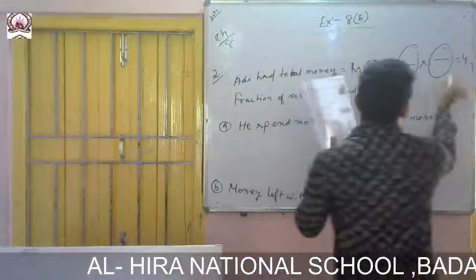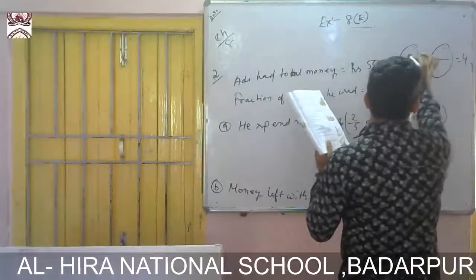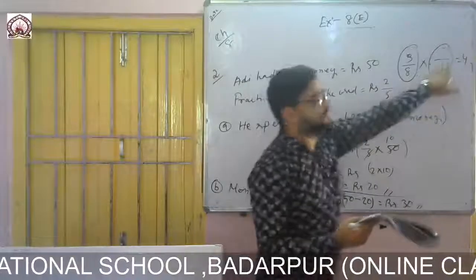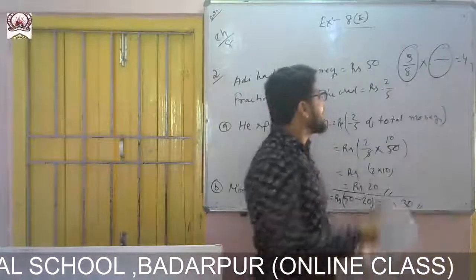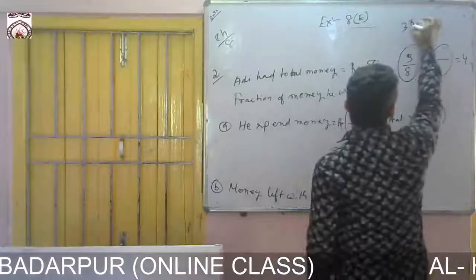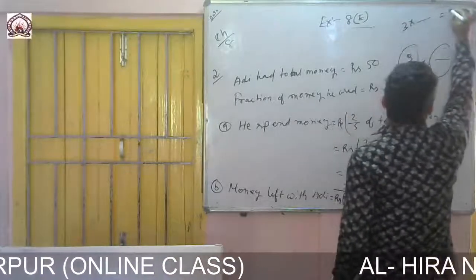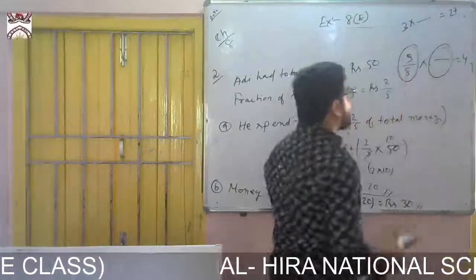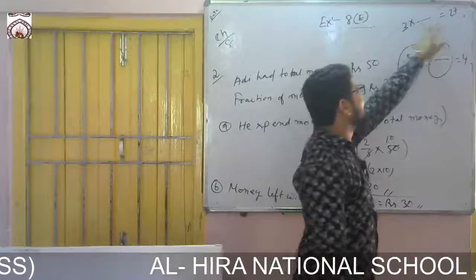One fraction is given as 3/8. Then find the other fraction. Suppose 3 multiplied by something makes 27. That means, with 3, what should be multiplied to get 27?